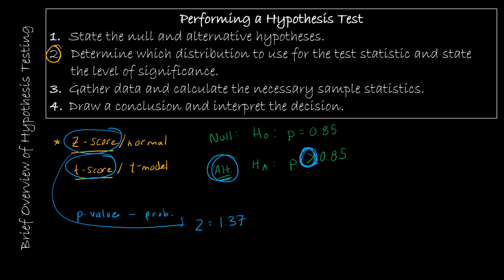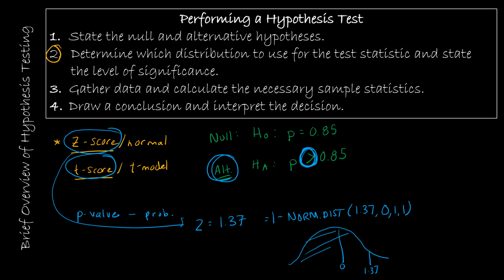Well then I'm just going to use Excel to do the NORM.DIST of 1.37, comma 0, comma 1, comma 1, which of course is going to, on my picture, take the area of 1.37, and this would find it to the left. I want the area to the right. I want all of this. I want that probability. That's going to give me my p-value.